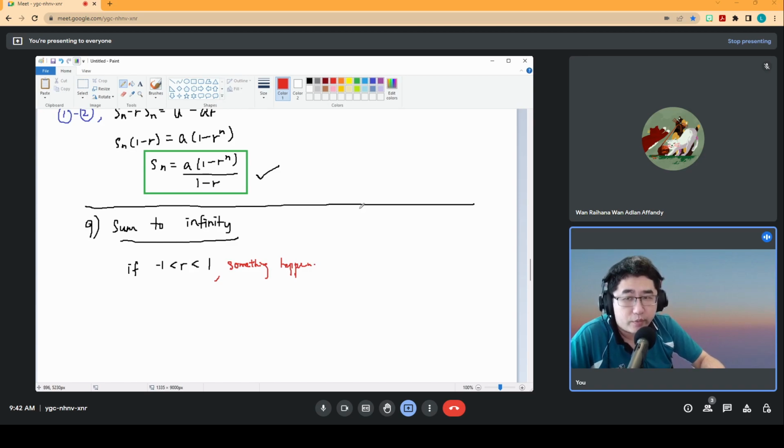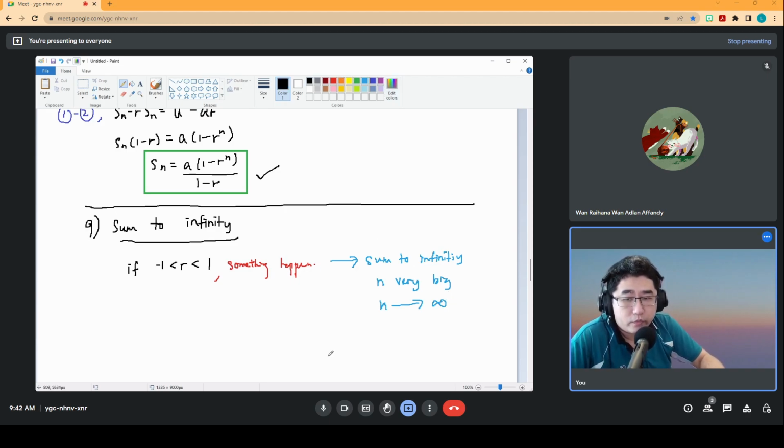So what actually happens here? If sum to infinity means that n becomes very big, n will be close to infinity, going towards infinity.